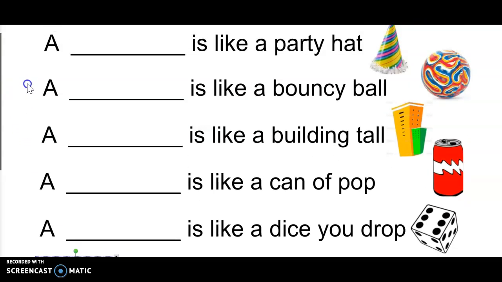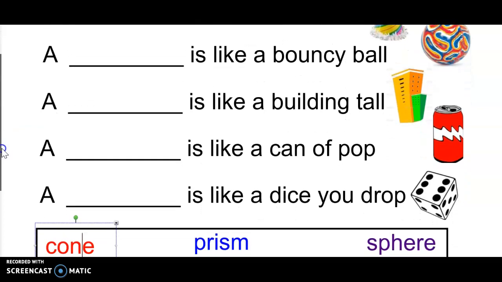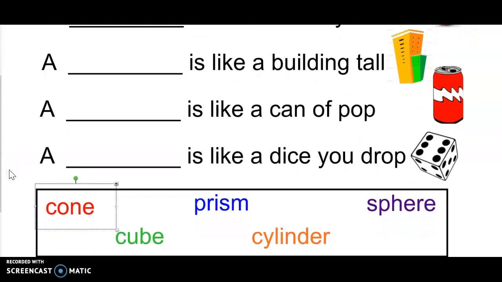Yep, it's a sphere. What about a tall building? Yep, that would be your rectangular prism. A can of soda pop is like a cylinder. And a dice you drop is like a cube.